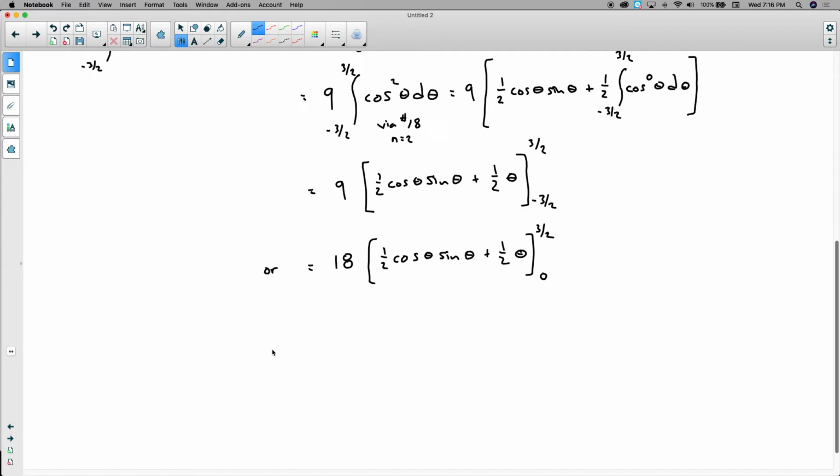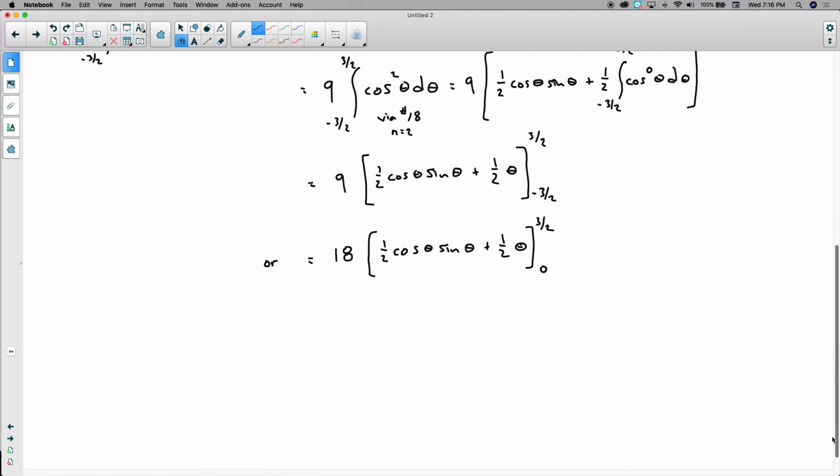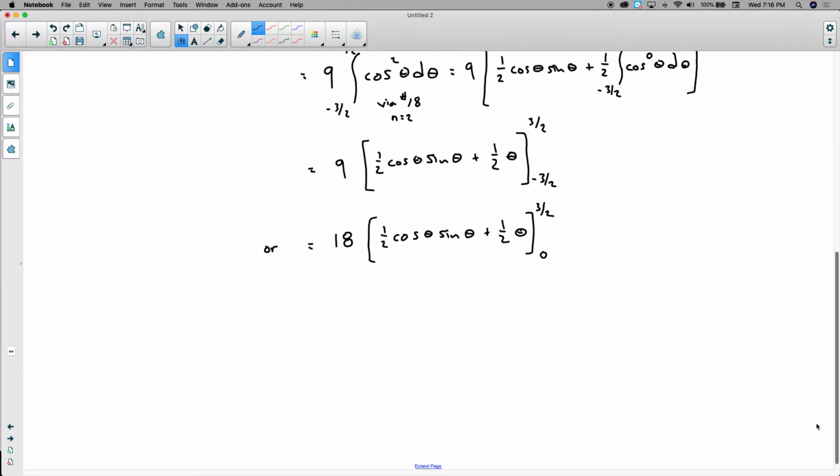Now, I had made a strategic move earlier of multiplying by 2 to include the top and bottom, and maybe I could have gone from 0 to 3/2 and talked about that upper right quarter and then put a 4 out here and wound up at the same place. I didn't really think about that until it was a little too late. So I'll make the adjustment here, but either way, it would work out.